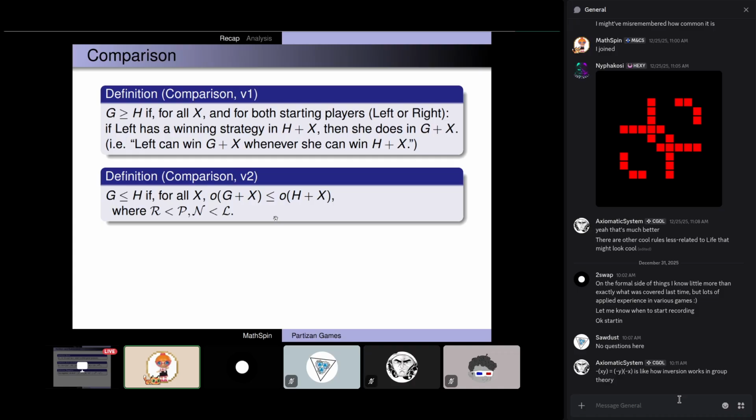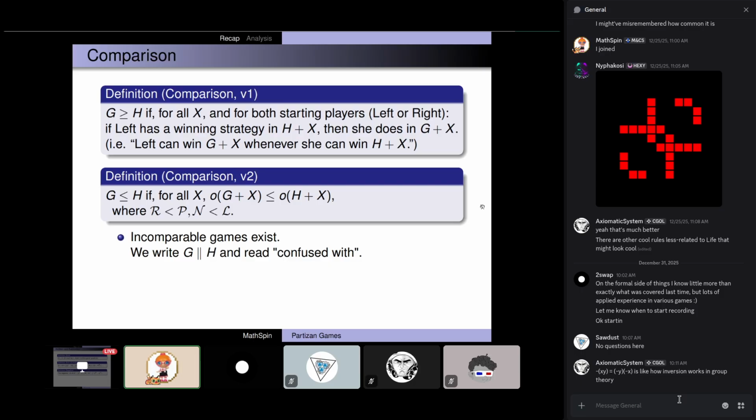Well, we're ordering them by benefit to left. So that means right winning is worse than next or previous winning, which is worse than left winning, regardless of who goes first. That's the order of the outcomes that we're using. And these are almost the same, they're just phrased differently. If you think through that table of outcomes, you can prove this. It's just a different perspective.